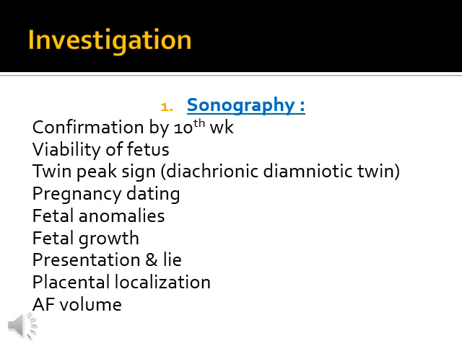With the help of sonography we can also do pregnancy dating and calculate the EDD, and check whether the baby has any abnormalities or growth retardation, what the presentation and lie are, the placenta location, and even the amniotic fluid volume.